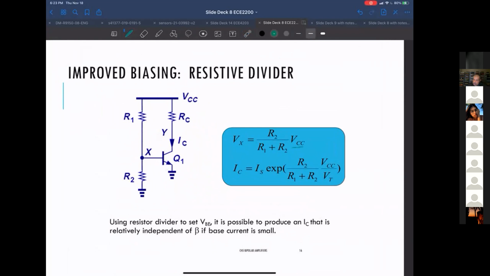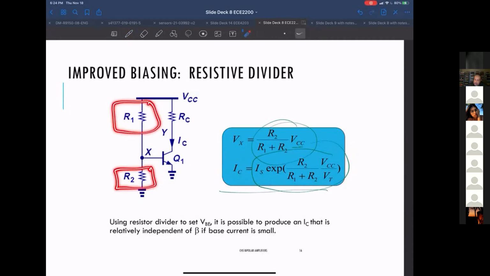And I sub C is just equal to this V sub X. So the voltage divider puts a certain voltage here, and that voltage gives me the correct I sub C. By picking R1 and R2, and knowing VCC, I can set the voltage here to be exactly what I want.